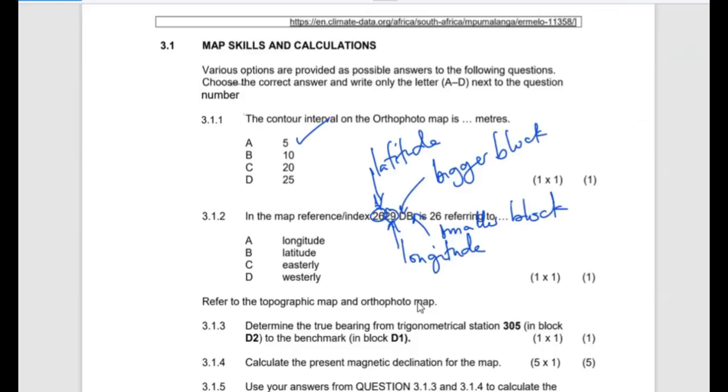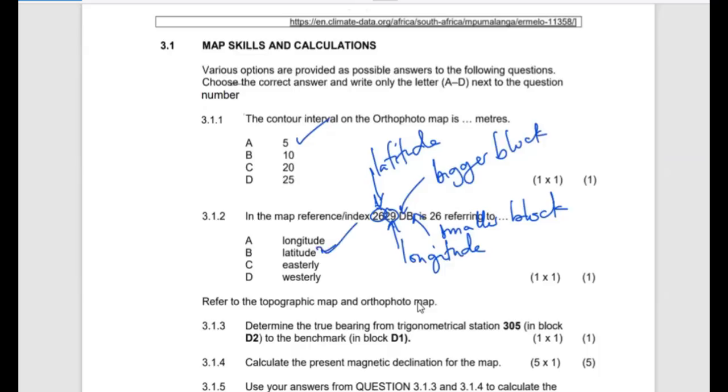That is how we do our referencing. So 26, 29: 26 latitude, 29 longitude, then D for bigger block subdivision and B for smaller block subdivision. So our correct answer for 26 is 26 latitude.